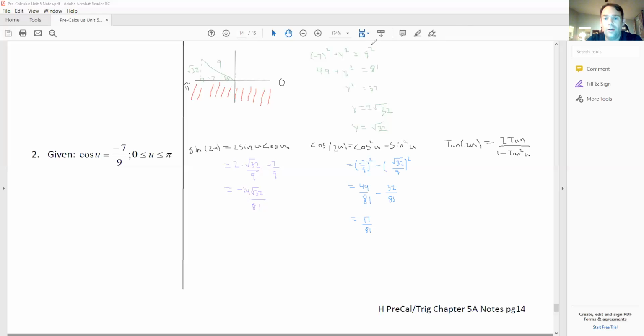But using our tangent 2u formula, we're going to go ahead and figure that out here. So 2 times root 32 over negative 7. Just realized I never had a u at the end of that.